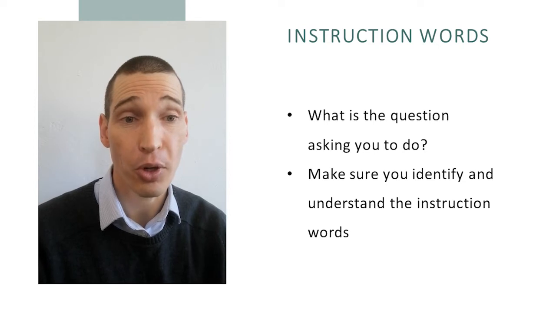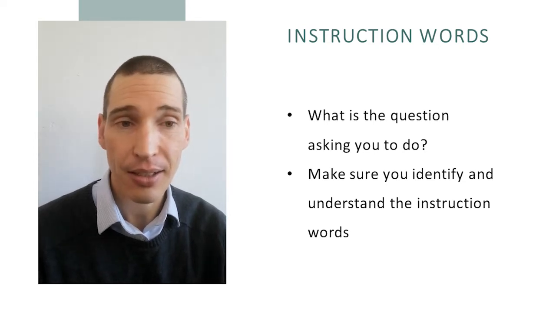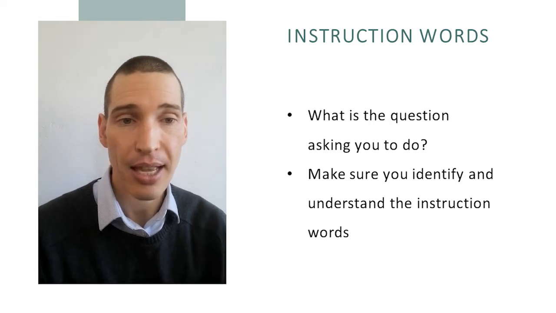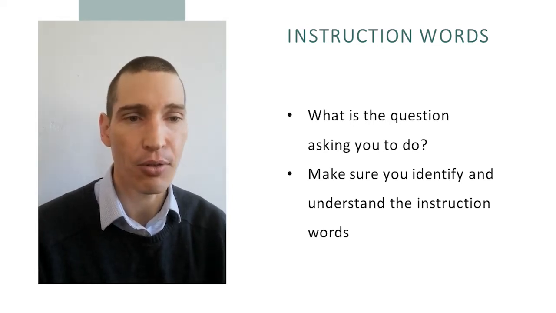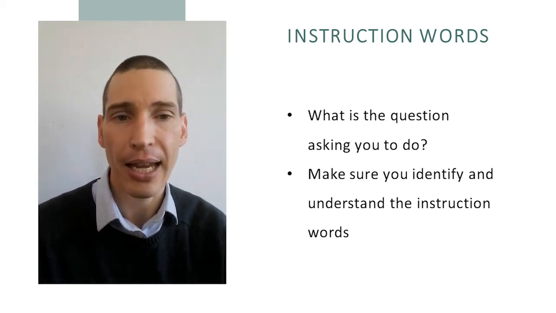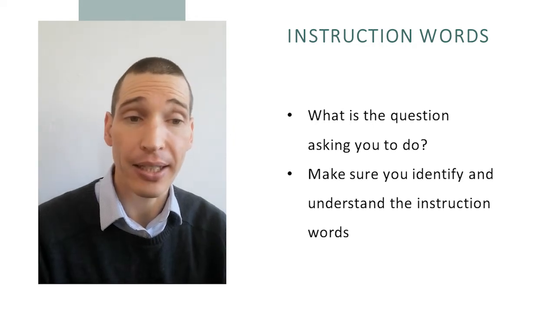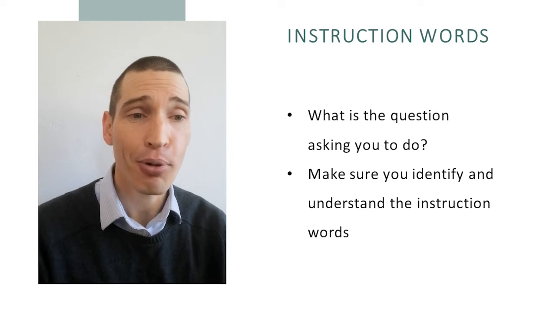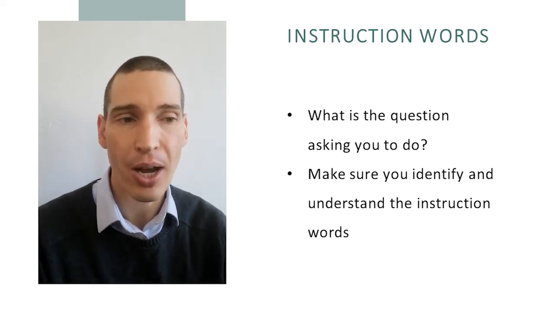Examples of instruction words could be discuss, which means to give all sides of an argument and your own opinion, analyse, which means to identify the elements of an argument, text, issue, process, or event, and show how they are related. Or critically, and this can be added to any other terms, and it means to approach the task in a questioning way.